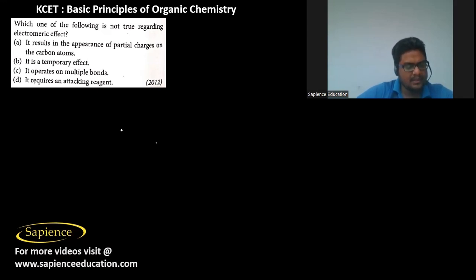So in electromeric effect, what happens? The shared pair of electrons on one of the atoms joined by a multiple bond at the requirement will be transferred.